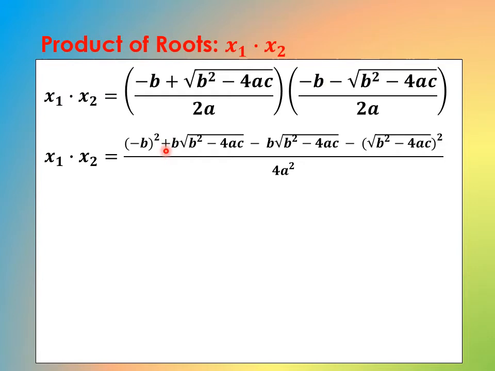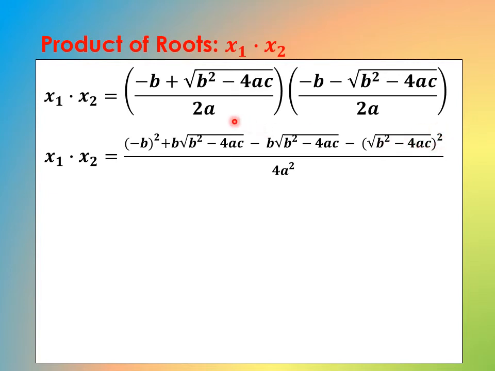Okay? Next, inner terms. Square root of b squared minus 4ac times negative b. So, we have minus b square root of b squared minus 4ac. Okay? And the last terms, square root of b squared minus 4ac times negative square root of b squared minus 4ac, that will become minus the quantity of square root of b squared minus 4ac squared.